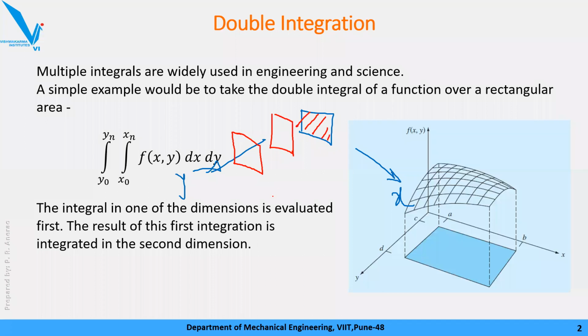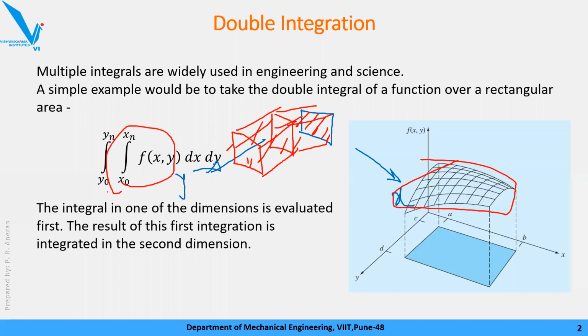And at the end, I'll add the areas of all these curves. Together, they will create a kind of volume, and we approximate that the area under this whole curve is nothing but the integration value, which is nothing but the addition of all the areas individually calculated.